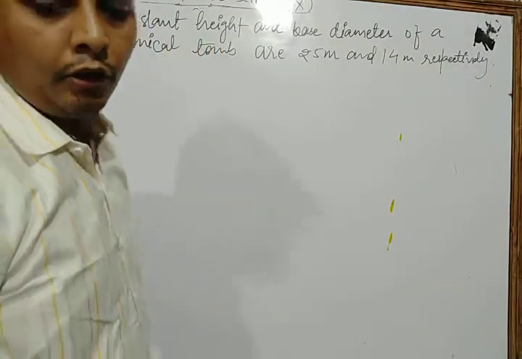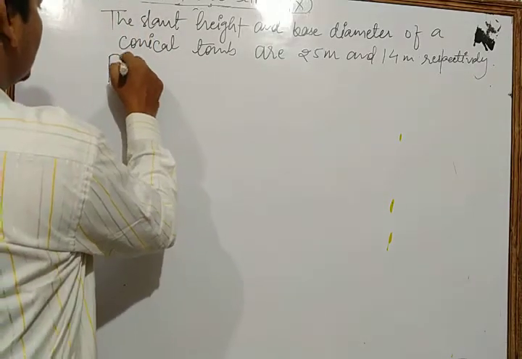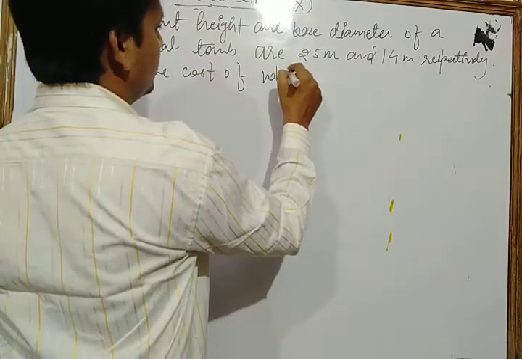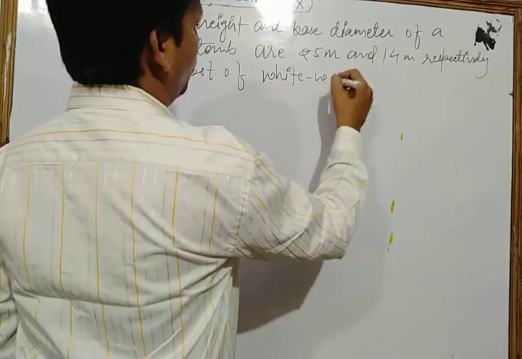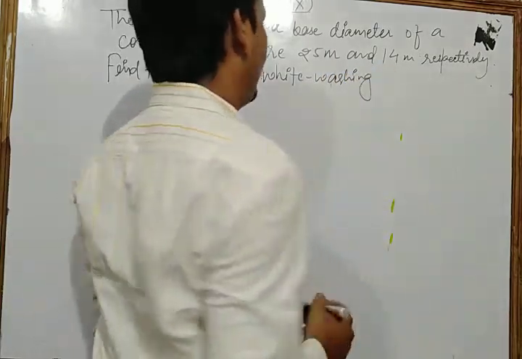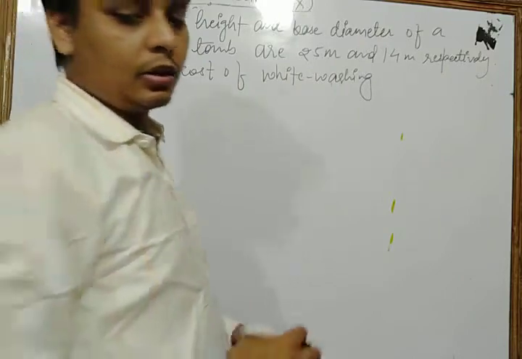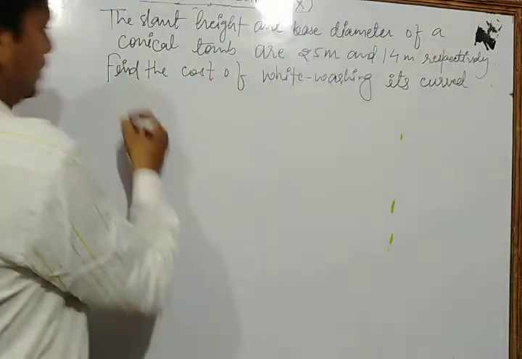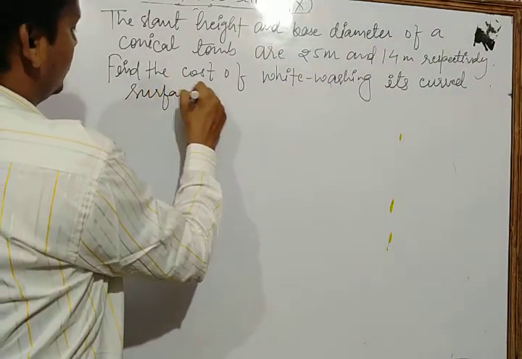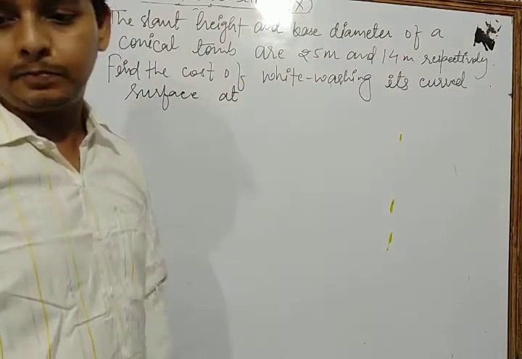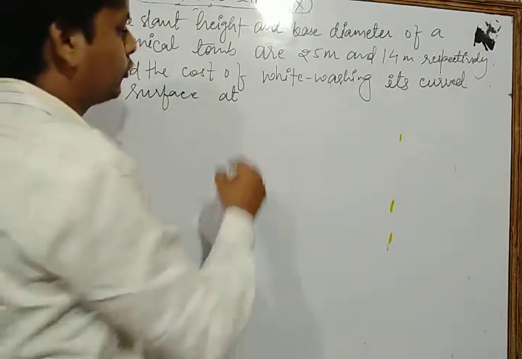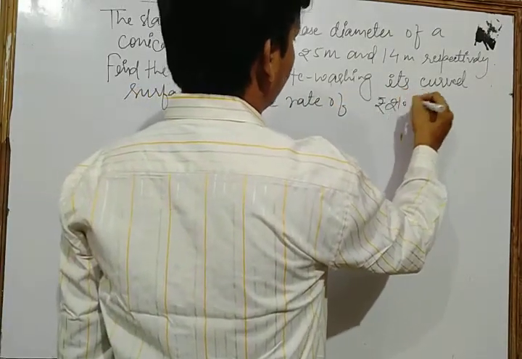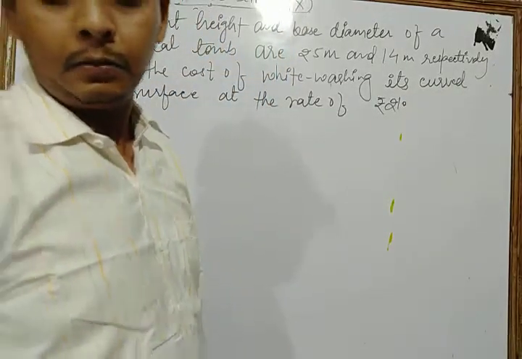Find the cost of whitewashing its curved surface at the rate of rupees 210 per 100 meter square.